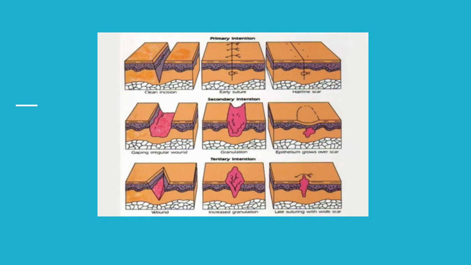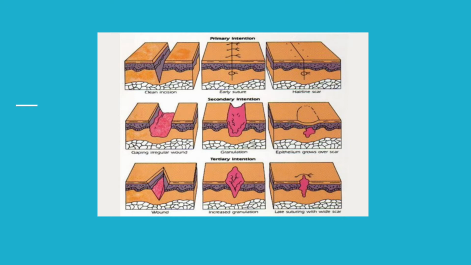Now, let's look at secondary intention. Again, as you can see in this diagram, in secondary intention, the wound base is wider and the wound is allowed to heal from beneath the base by the formation of granulation tissue, and then the epithelium grows over time with the formation of the scar.